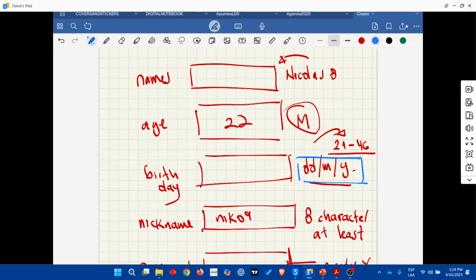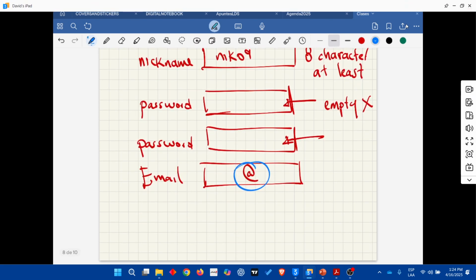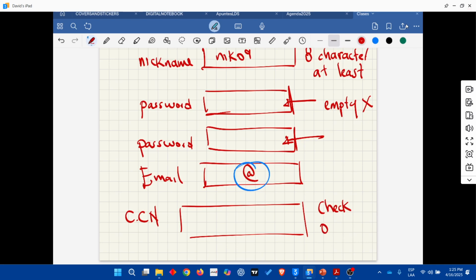And check digit. Let's suppose that here the system is asking for your credit card number, and the credit card numbers have something that is called check digit. Do you remember this in data transmission? What is the check digit?